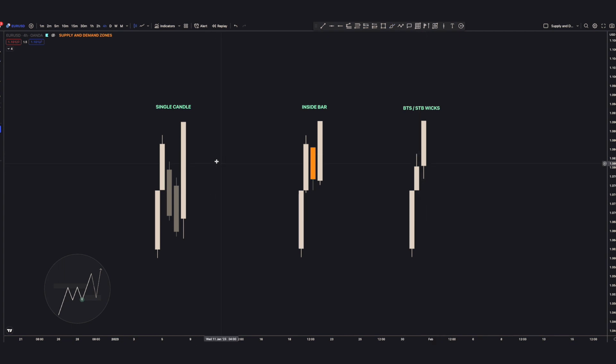Okay, so let's start with the single candle. The thing that you guys need to learn from this is that the zone is created when the next candle that pushes has to break the previous one. So you wouldn't grab the box here. Why? Because this candle didn't close on top of that one.